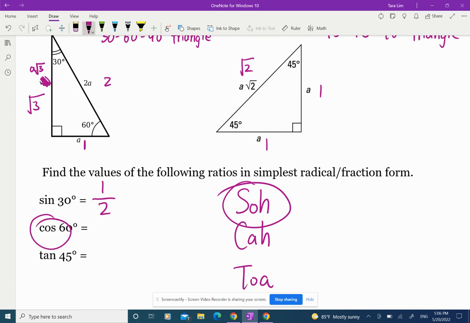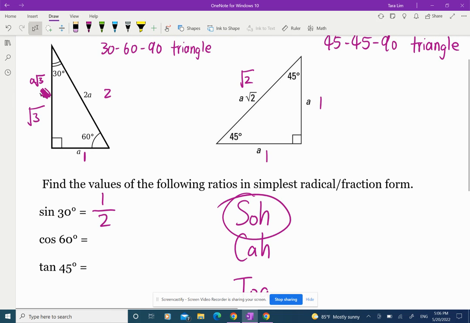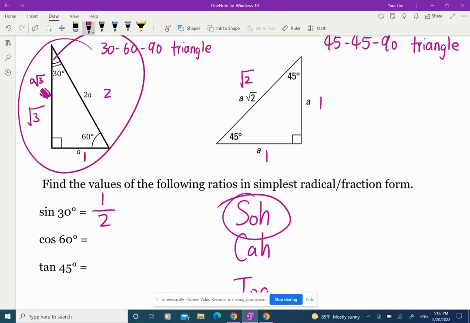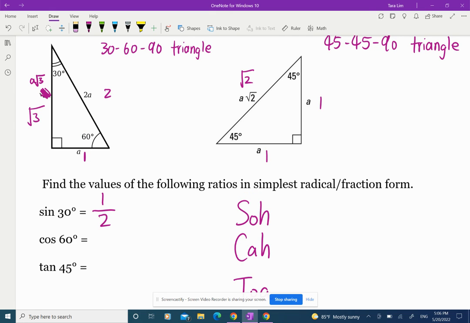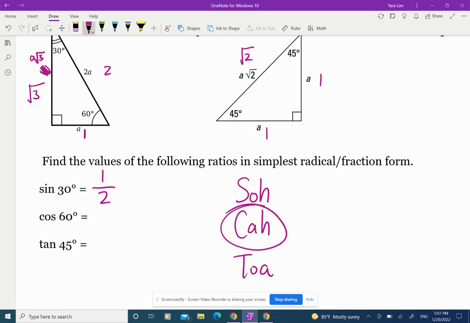Now let's move on. We have cos 60 degrees. Again, the first step is to see which of these triangles we are going to use. Again, it's the triangle on the left because we have an angle of 60 degrees over here. This time, instead of using SOH, we're going to use CAH because it's cos 60 degrees.